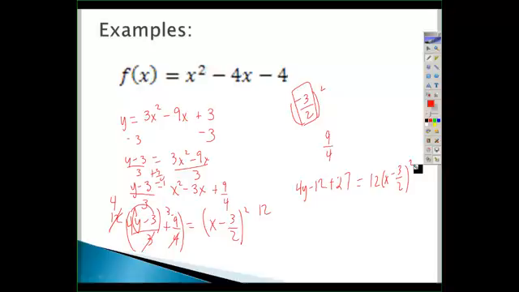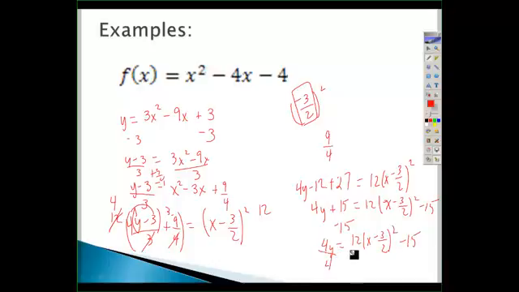Now I continue to solve here. I'm going to say 4y plus 15 equals 12, x minus 3/2 quantity squared. I'm going to subtract 15 from both sides. 4y equals 12 times x minus 3/2 quantity squared minus 15.